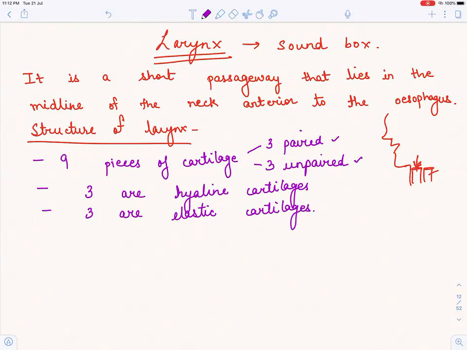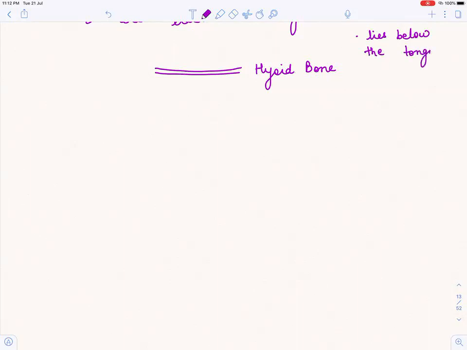Let me draw something for you so that you can easily understand. You remember the hyoid bone? It lies below the tongue, and it does not articulate with any other bone.